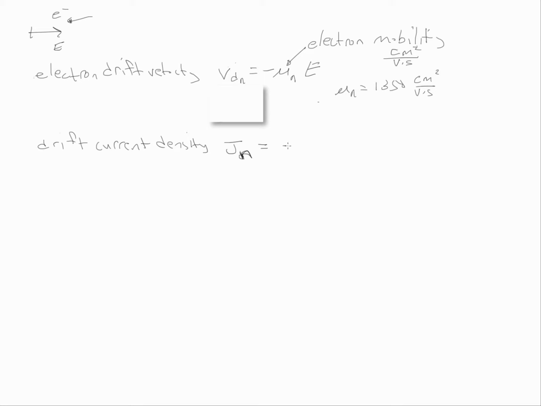And so it's going to be minus the fundamental charge, which is 1.602 times 10 to the minus 19 coulombs, times the concentration of your electrons.